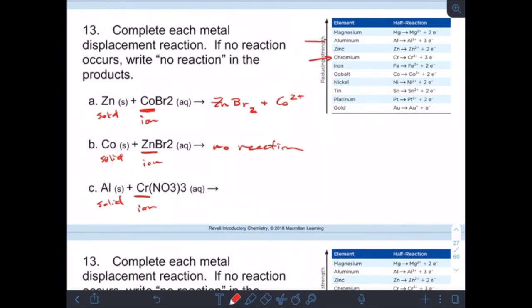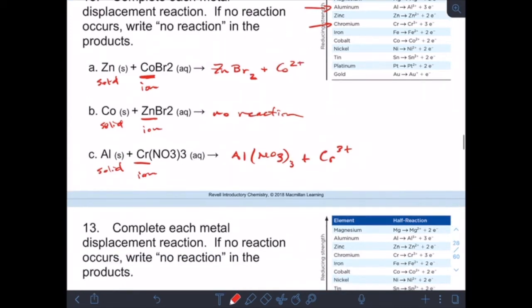And aluminum metal is higher on the table, so a reaction will happen. So aluminum makes a 3+ ion, so I'm going to have aluminum nitrate, that's a 3, plus chromium 3+ ions. And let's see if we were right.